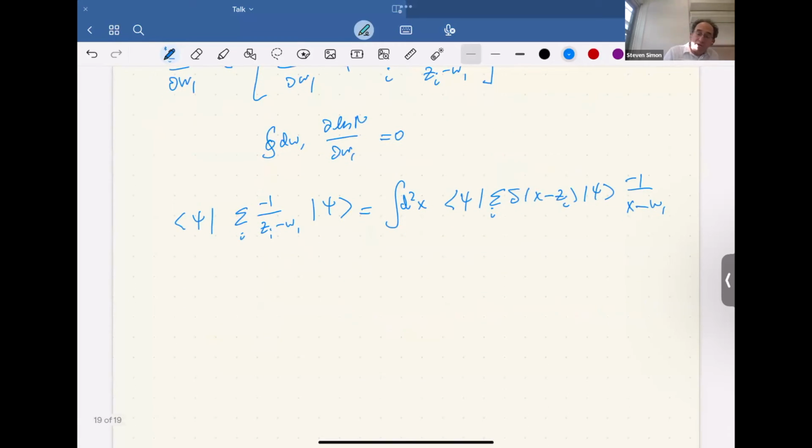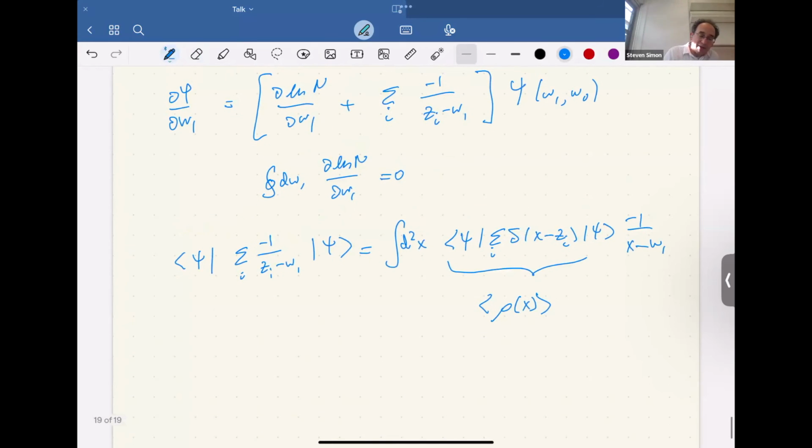Okay, so this term here is now just the expectation of the density at position x. So this is now, well, let me just plug this in up here.